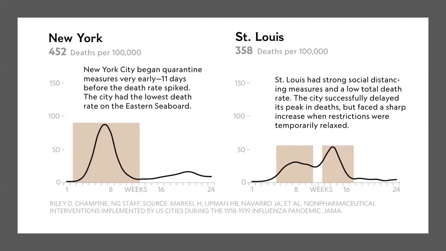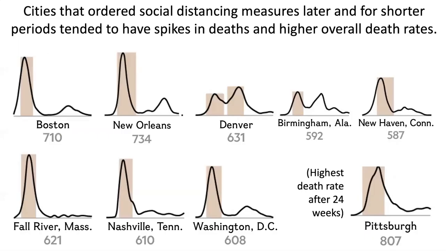You relax them too early. New York, contrary to what's happening now with coronavirus, had actually the lowest death rate on the eastern seaboard. And in fact, when you look at the cities that didn't take this as seriously as other cities, they averaged many, many more deaths. Pittsburgh had the highest death rate at about 807 per 100,000 inhabitants.